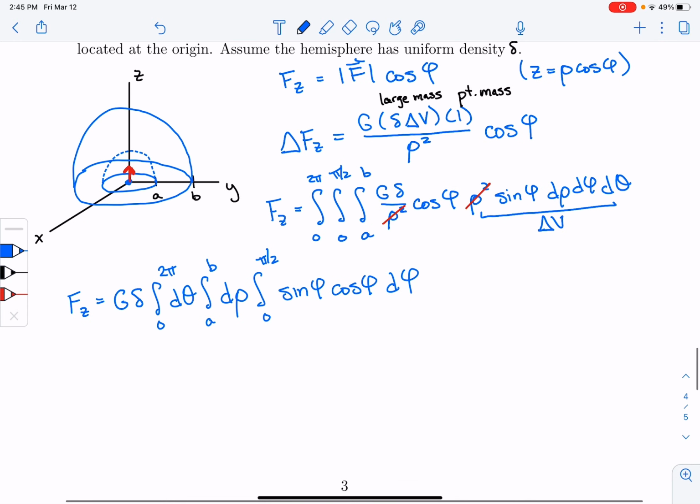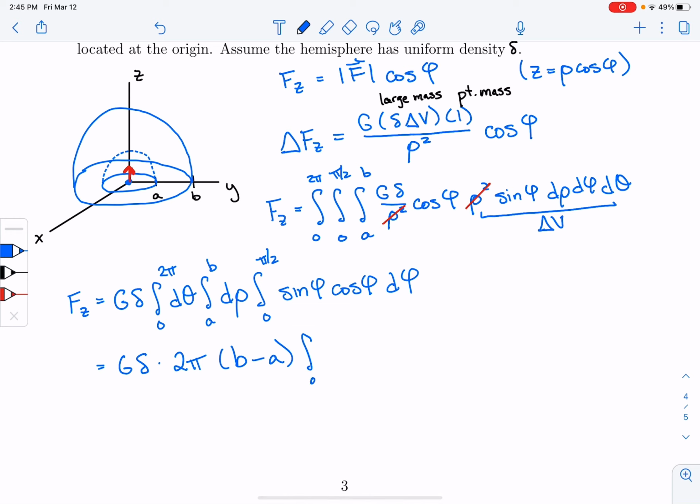Let's do a few of these integrals. We're going to get G delta times the integral from 0 to 2 pi of d theta, which is 2 pi. The integral from A to B of d rho is just going to be B minus A. And now I'm going to use a trig identity. I'm going to integrate from 0 to pi over 2. Sine phi cosine phi is in fact 1/2 sine 2 phi d phi.